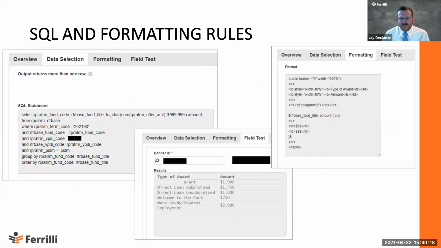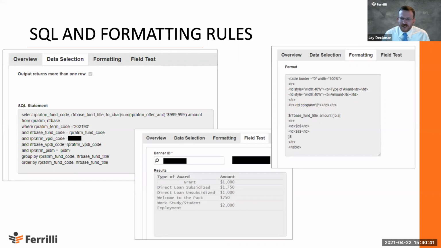Right, so here, this is an actual SQL that's being used at one of the schools we work with. In the left-hand box, you can see an SQL statement that is pulling the financial aid award information. It pulls out the code, title, and the amount. And in the far right, it's a little small, but in the formatting you can see they have an HTML table there.